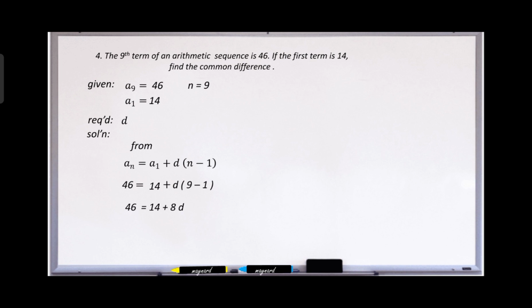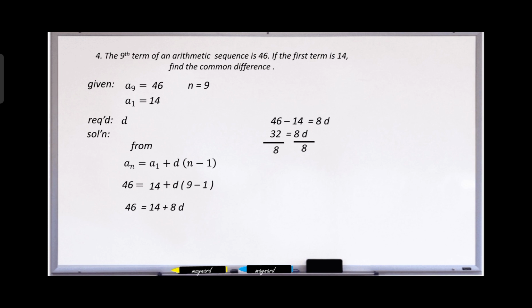Okay, so minultiply na natin yung 8 na difference ng 9 minus 1 sa d. Okay, kaya naging 8d. Okay, transpose natin yung 46 to the left side. We have 46 minus 14 equals to 8d. Subtract natin siya. 32 is equal to 8d. So, now let us divide both sides using the multiplication property of equality by 8.